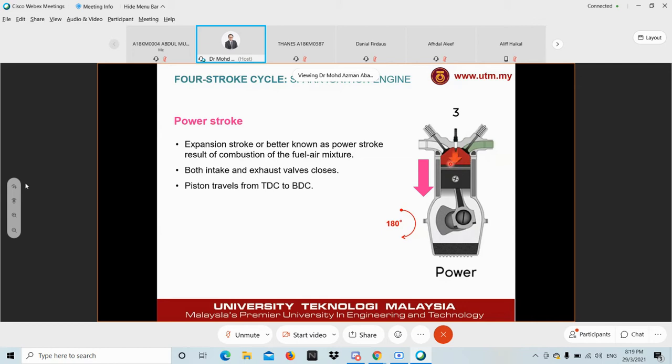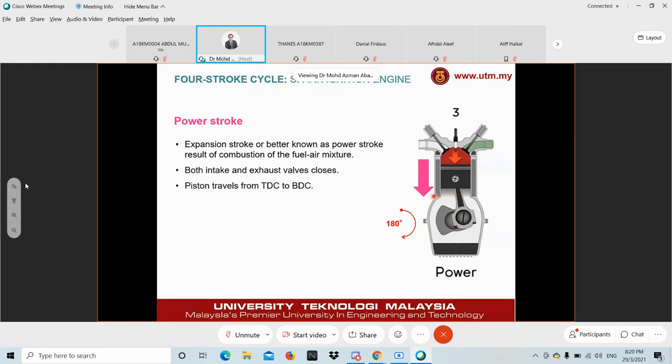As the gas expands, it creates a force pushing the piston downwards. So the piston moves from TDC to BDC with a crank rotation of 180 degrees. So that is the power stroke.